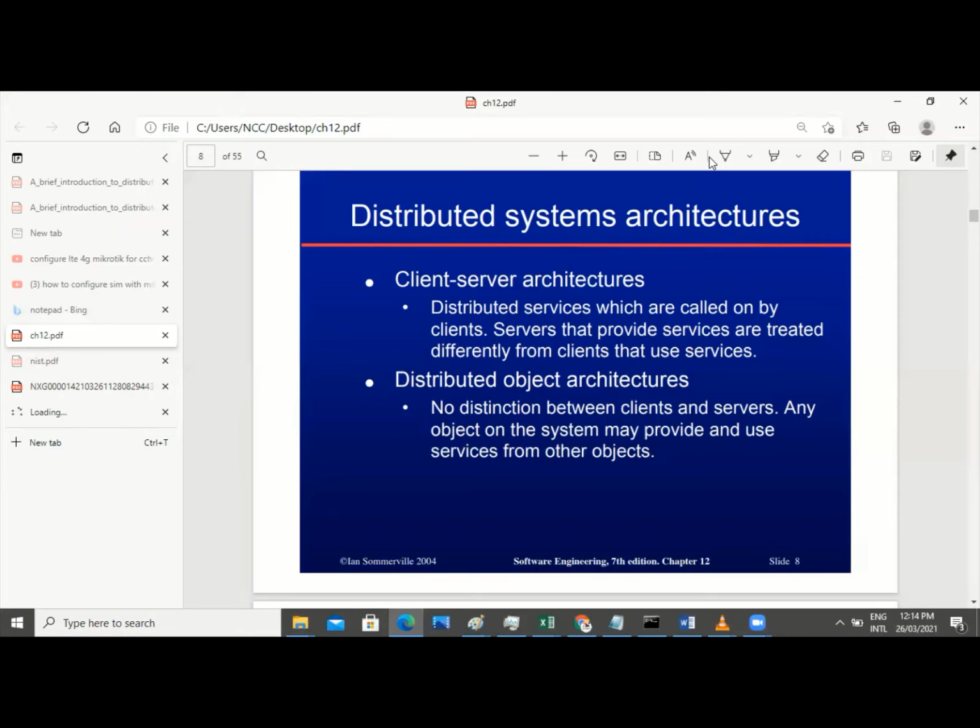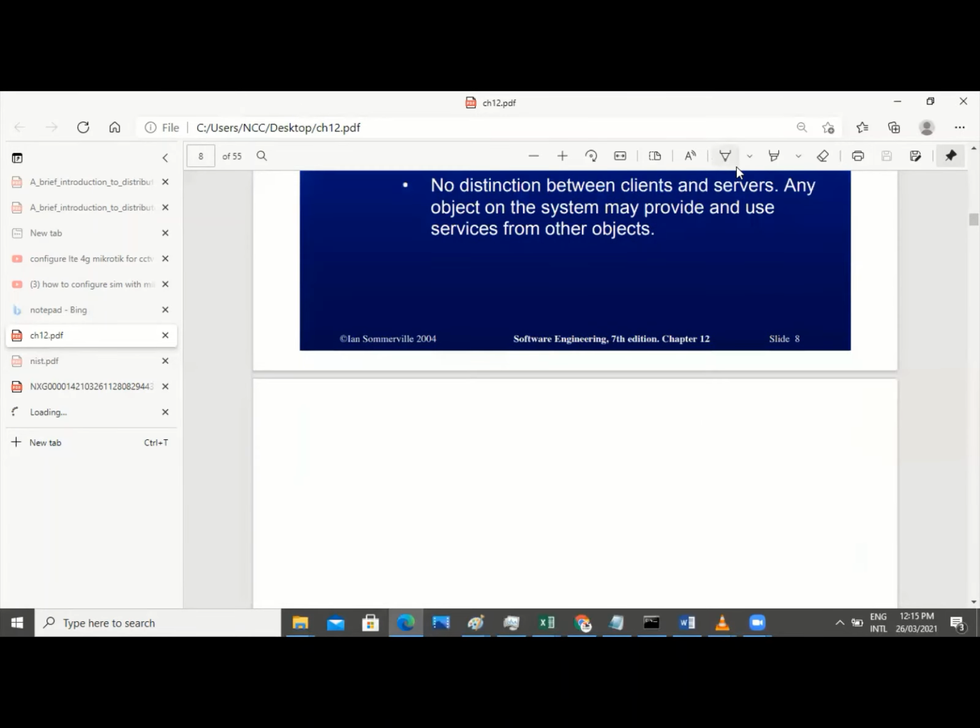Take, for example, a surveillance network whereby every camera is a node, and depending on what is being tracked, each camera that has the identified individual or object takes over the system. So we have applications already in the market with that kind of architecture. Let's look at the next slide.